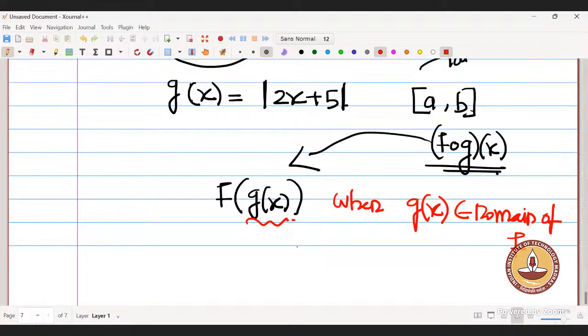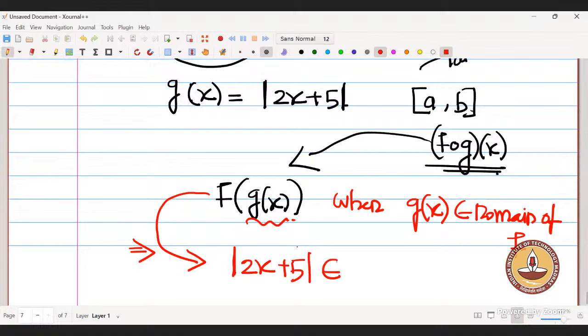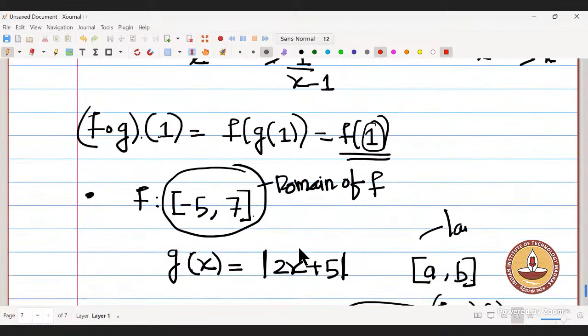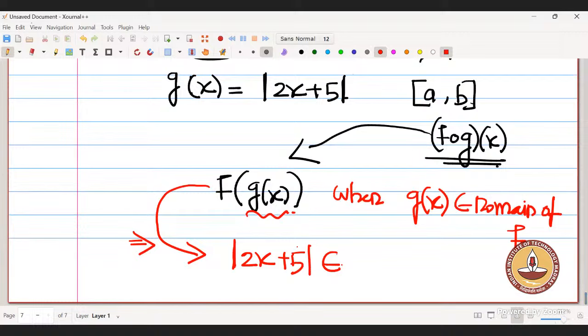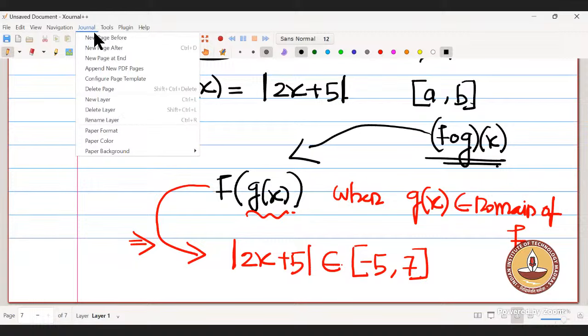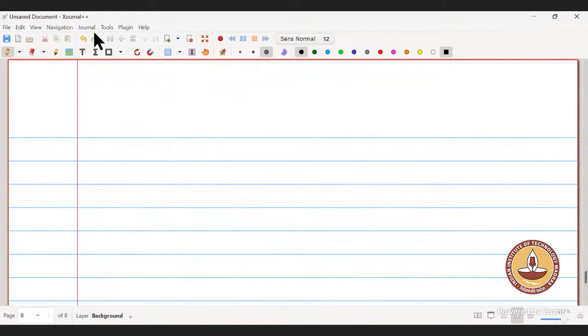That means this definition makes sense when mod of 2x plus 5 is inside the domain of f, that is -5 to 7.